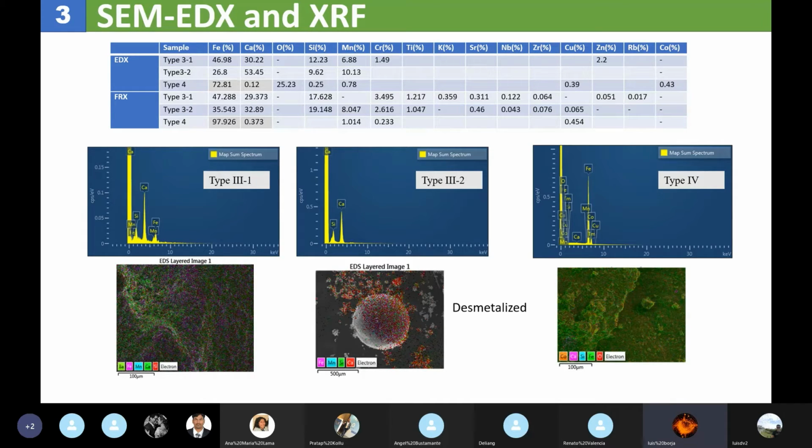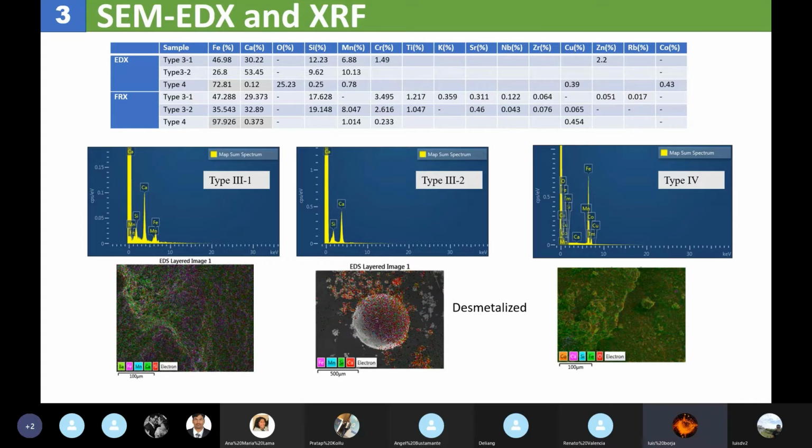This is due to two reasons. One is that the sample is not homogeneous, and the other is that X-ray fluorescence has more penetration depth than the EDX, so this technique can detect more chemical elements than the EDX.